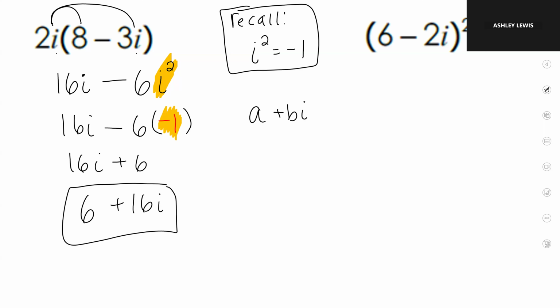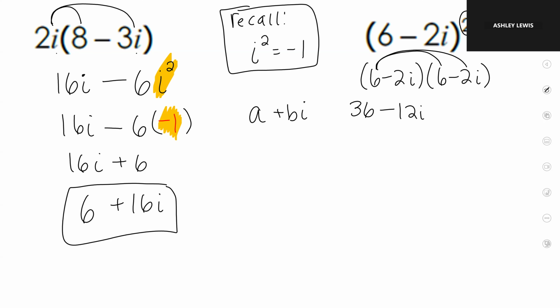Okay, let's try another problem. This 2 means you're going to write this twice. Now we're going to multiply. 6 times 6 is 36. 6 times negative 2i is negative 12i.